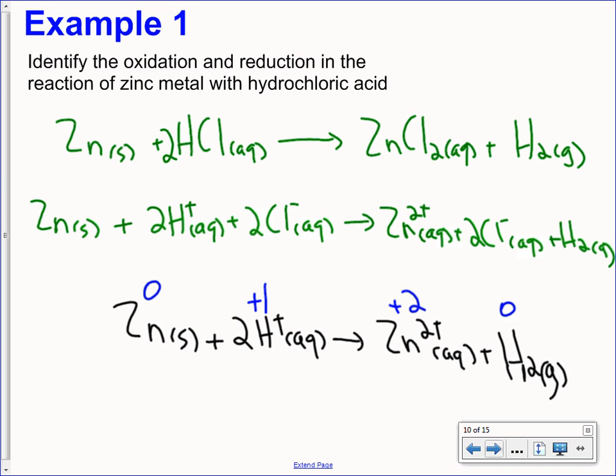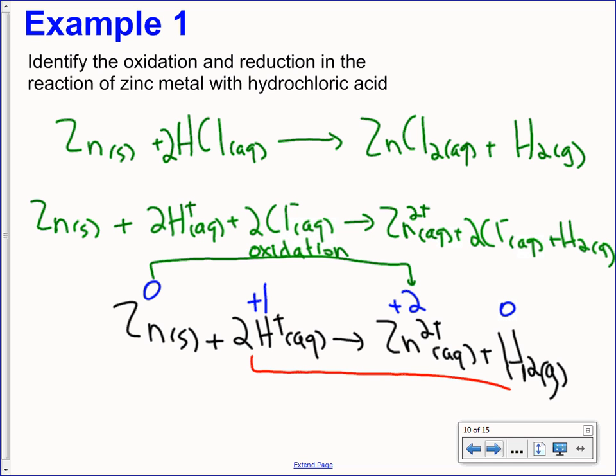So now if we examine our different elements, with zinc, we are going from an oxidation number of 0 to +2. So it is losing electrons, so that indicates that our zinc is undergoing oxidation.